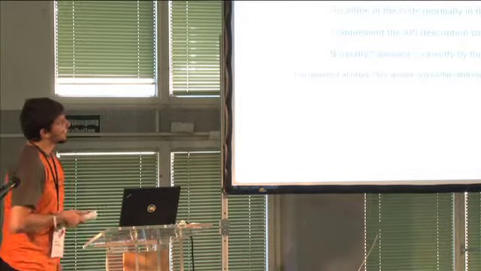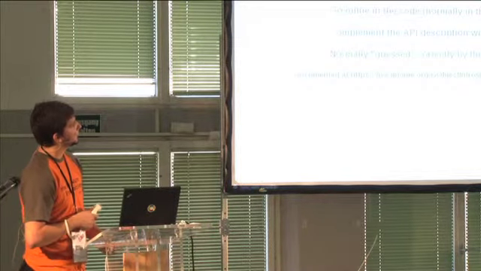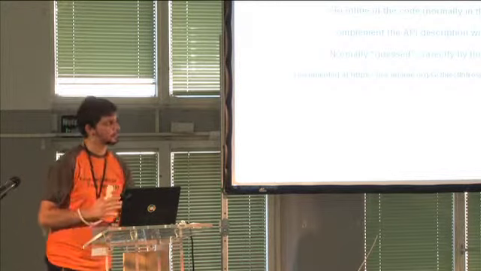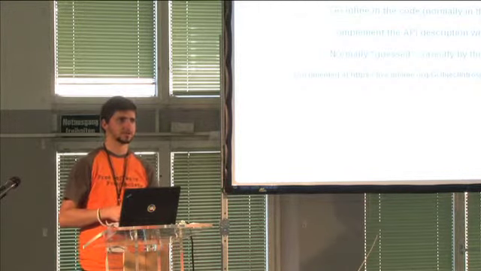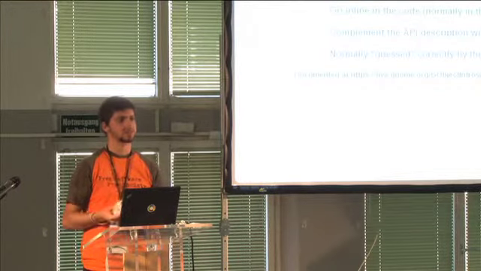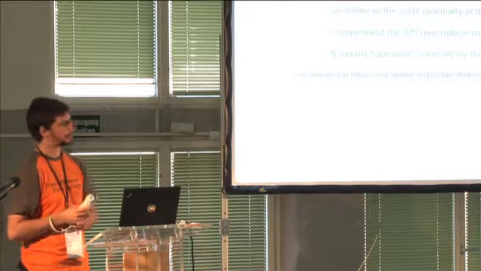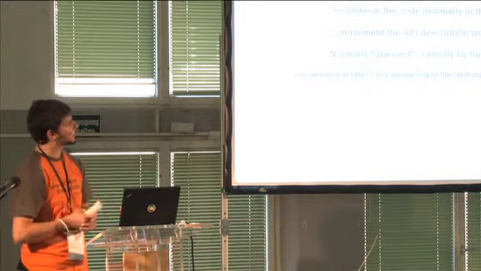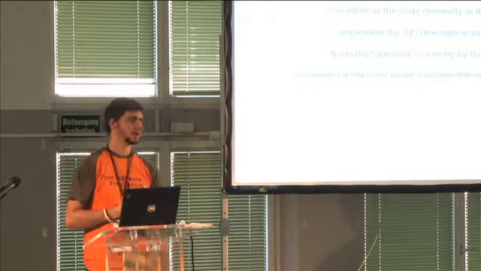So annotations, they go inline in the code, normally in the C files. They complement the API with information that otherwise wouldn't be possible to obtain only with the syntax. So it's semantic information that is not evident in the source code, and only the programmer of the library has access.